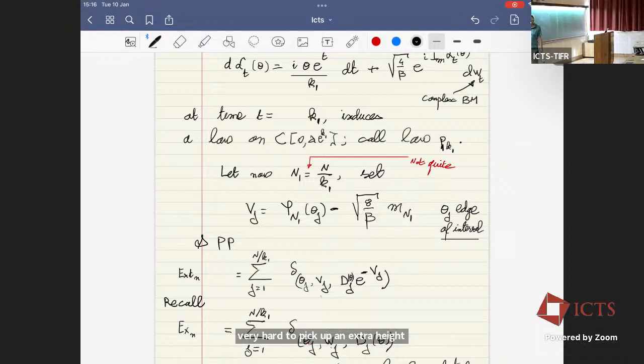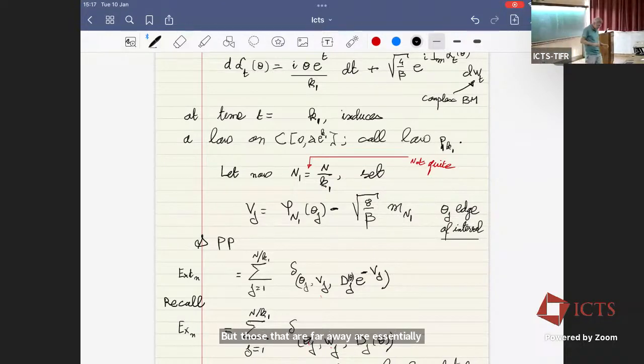So the probability that this subtree brings it to my target, which is to be next to the maximum, is small. And therefore, it's unlikely there will be too many of them. And those that will succeed will be far away. But those that are far away are essentially independent.